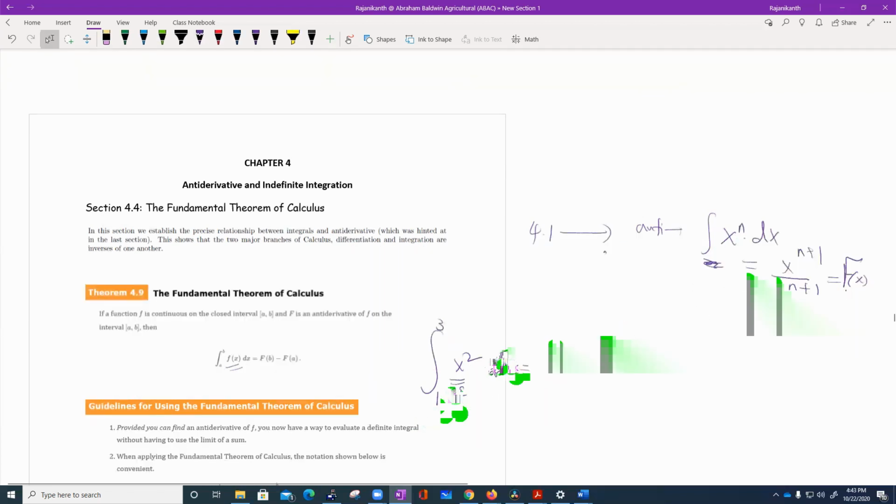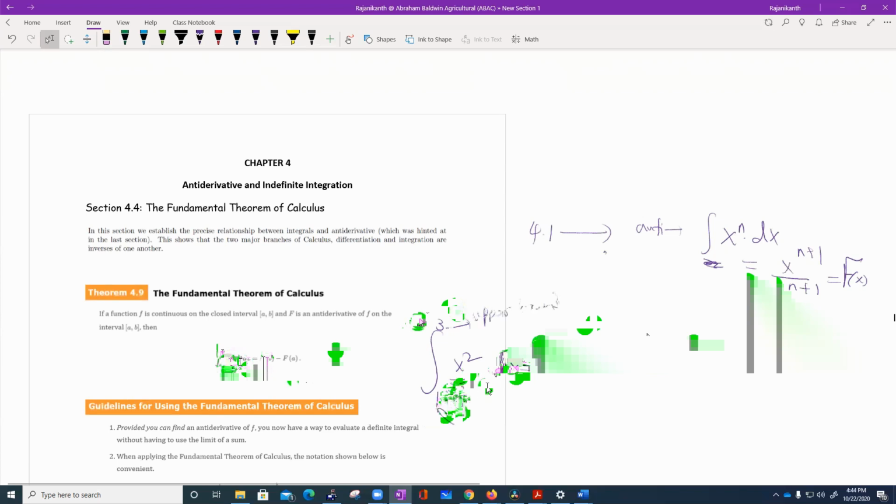Remember I told you, if the given problem is little f, we denote the antiderivative answer as big F of x. Do you remember? So find the antiderivative for the given problem, then plug in these two values; we call this the upper bound and the bottom one the lower bound.